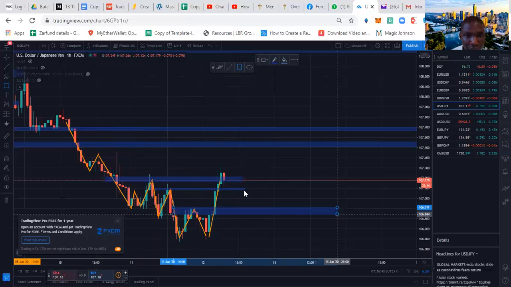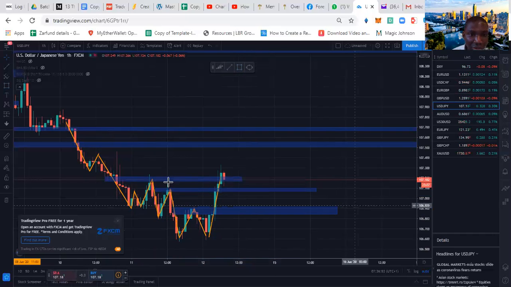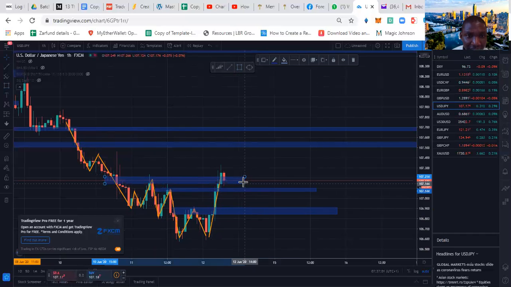Okay. So now you can see, this is how you know. If you are not using market structure, it will be hard for you to know when a trend changes. You will still be thinking it's a pullback. So this is where market structure is really amazing.